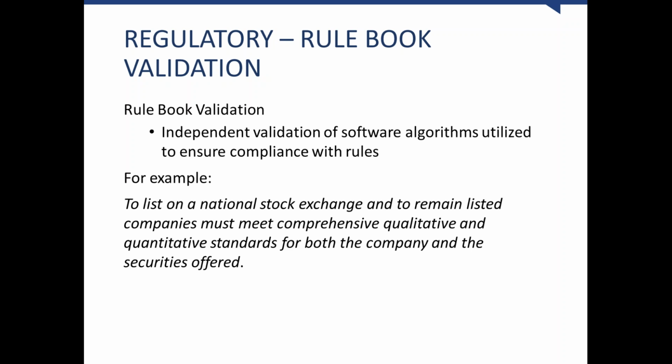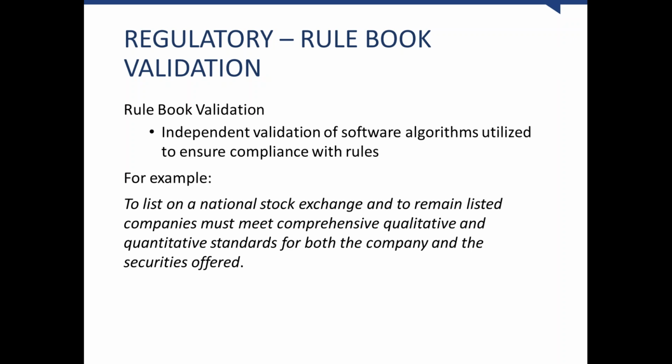So if I ran it through and, based on all the criteria, a company should never have been listed on the Nasdaq but was, then I would go back to the listings team, and we would reconcile our results, and I would get mostly acceptable explanations for why my algorithm didn't include this exception or that piece of the rule.